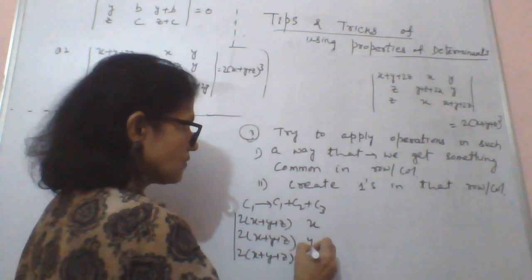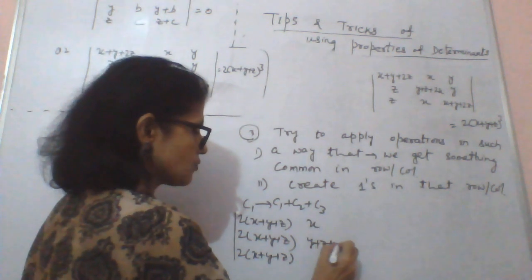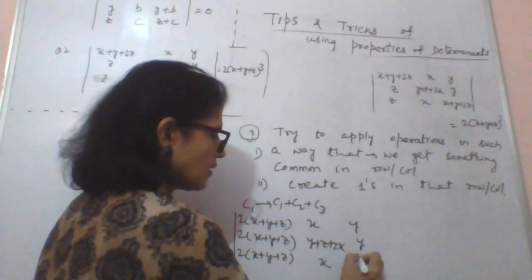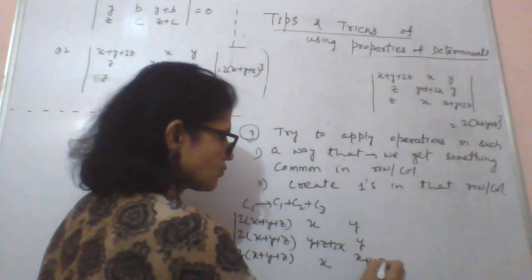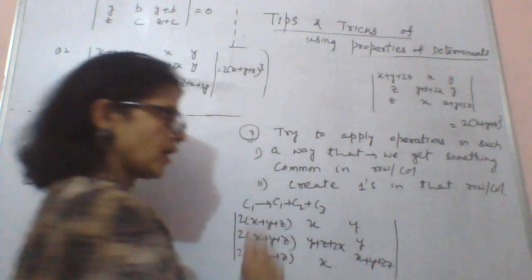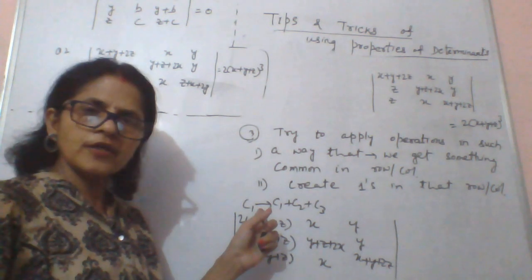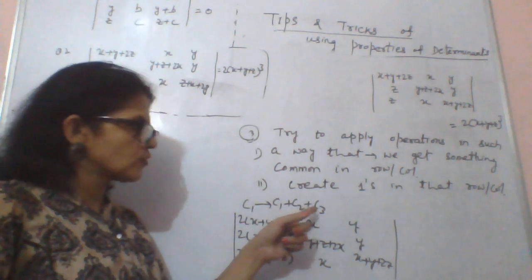Here x, y plus z plus 2x, x, y, y, x plus y plus 2z. So try to apply operations. Here we applied C1 replaced by C1 plus C2 plus C3.